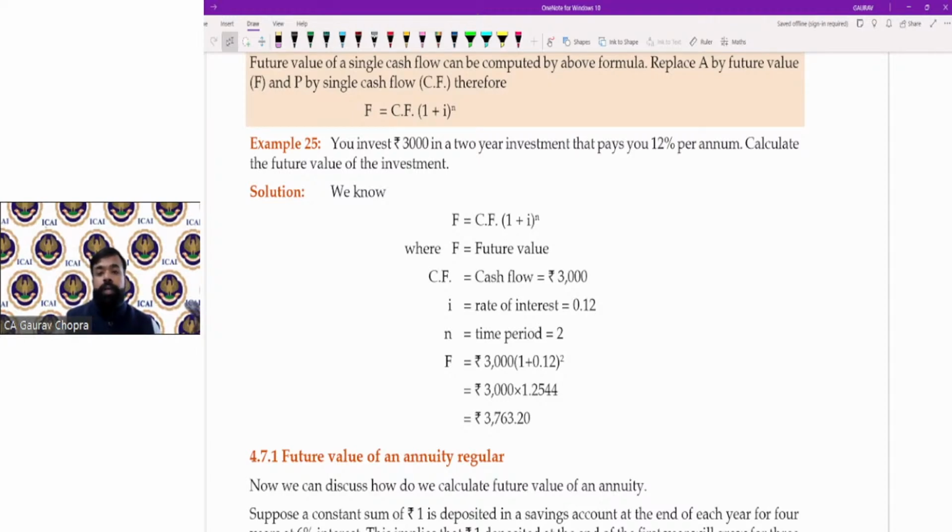So example number 25, you invest rupees 3,000 in 2-year investment that pays 12% per annum and calculate the future value.